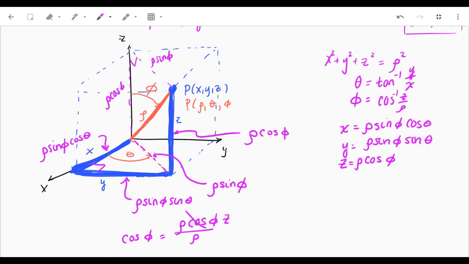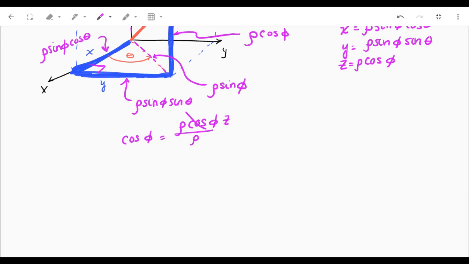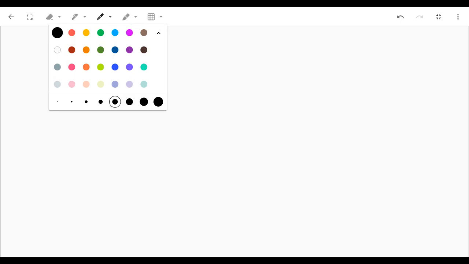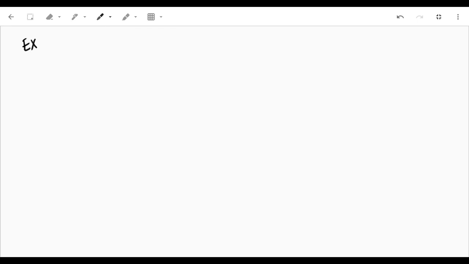Okay, so let's practice plotting some of these. For example, let's do 4, negative pi over 4, pi over 3. This is in spherical, okay?